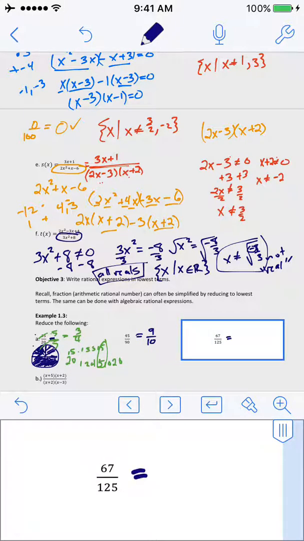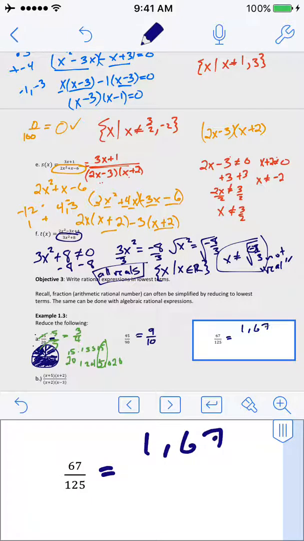And then in the last one, 67 over 125. Well, 67 is actually prime, isn't it? Yep, 67 is prime, and so the only factors it's going to have are 1 and 67. So unless 67 goes into 125, which I strongly believe it doesn't.